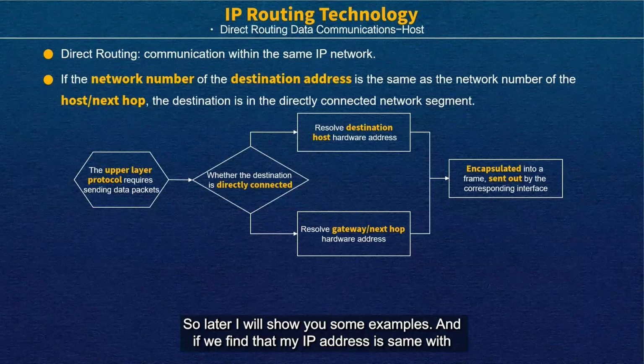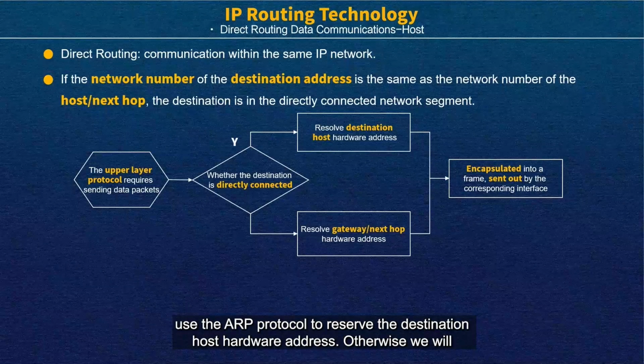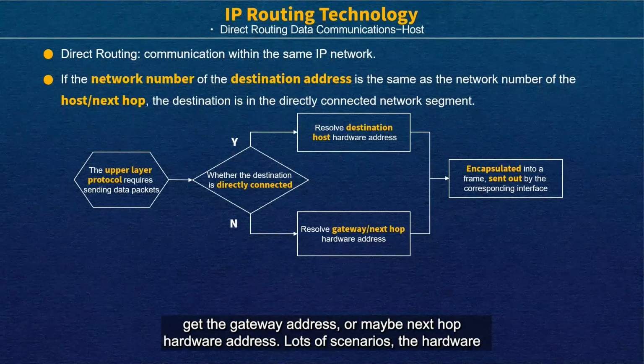So later I will show you some examples. And if we find that my IP network is the same as the destination IP network, that means we are directly connected, choose yes. We will use the ARP protocol to resolve the destination host hardware address. Otherwise, we will want to get the gateway address or maybe the next hop hardware address.